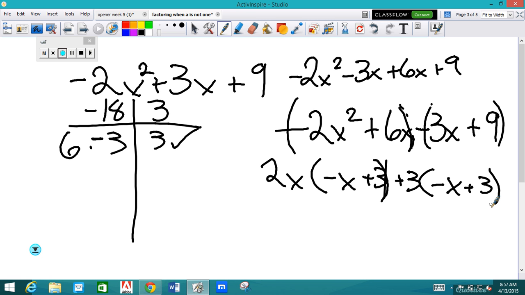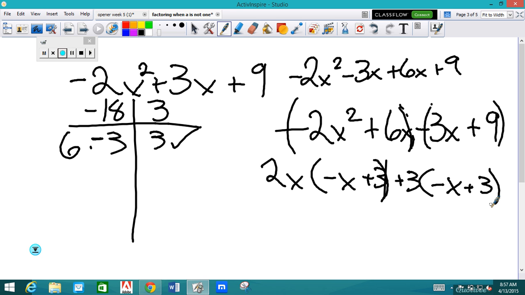This one? So I saw that it was negative 2x squared and 6x. So they both had an x. So there's the x. And then 2 and 6 is the largest number that divides them into 2. So 2x comes out, and then what's left was negative x still. And then what's left from the 6x was the 3.